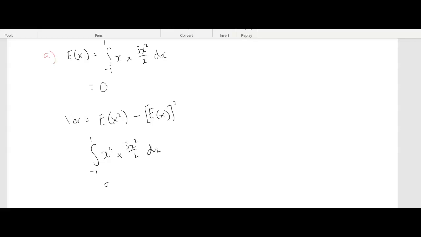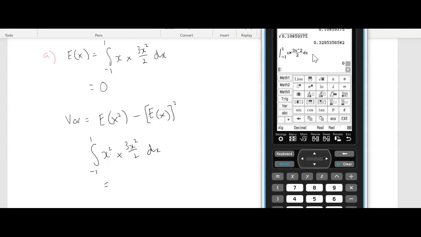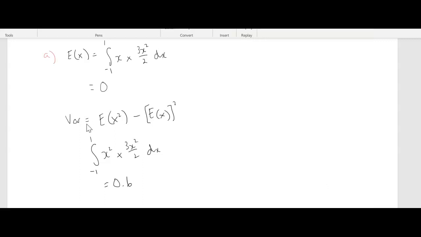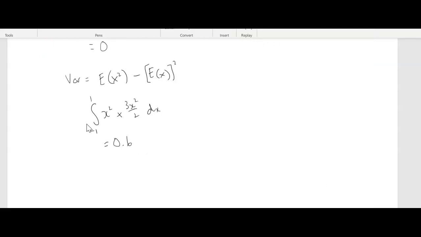I'll do that on my calculator. All right, so 0.6. I'll leave it at 0.6 because that's a terminating decimal, so that's not too bad. Okay, so your variance is going to be 0.6 minus 0 squared, which is just 0.6.